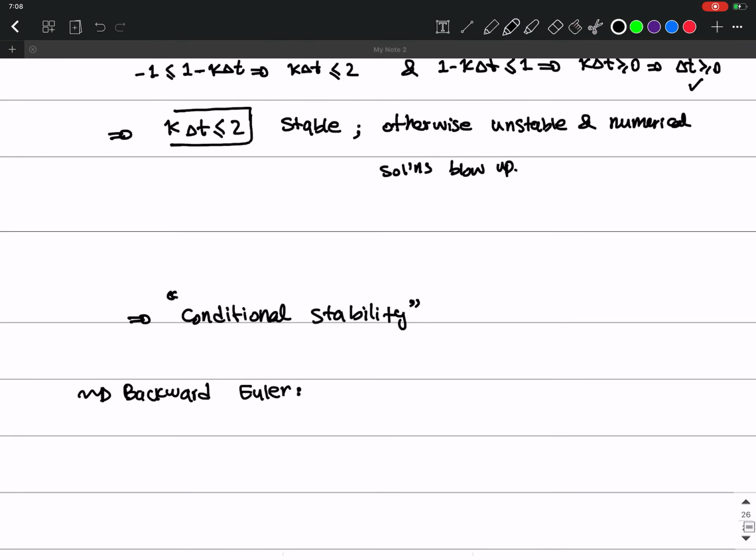So the backward Euler approximation was u^(n+1) minus u^n over delta t equals minus kappa u^(n+1). I just want to note, these are not powers, okay? Just don't confuse it.